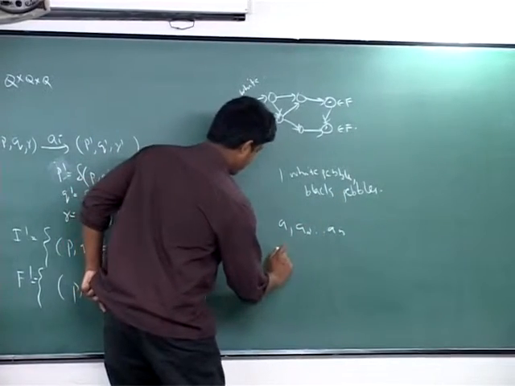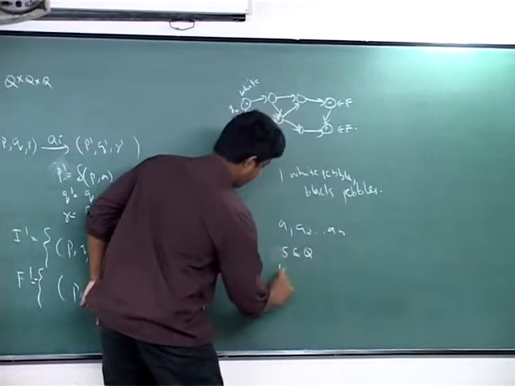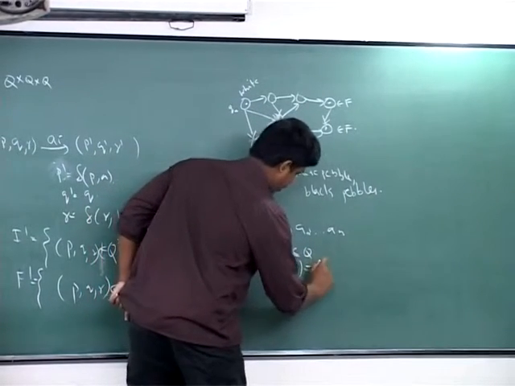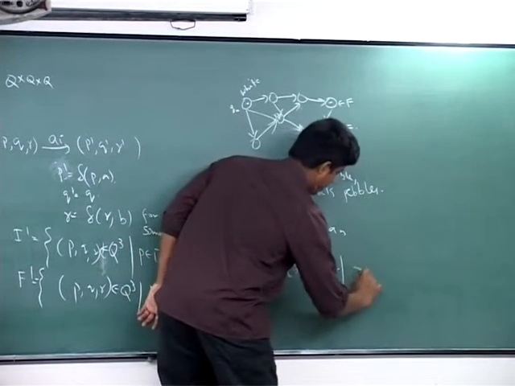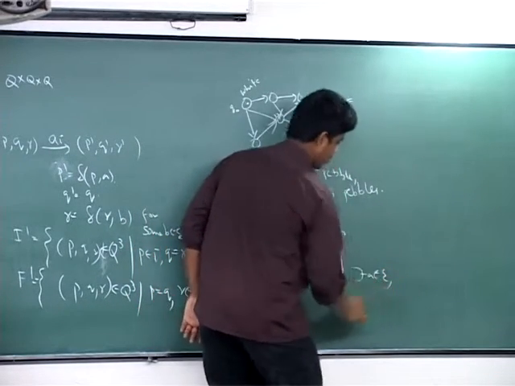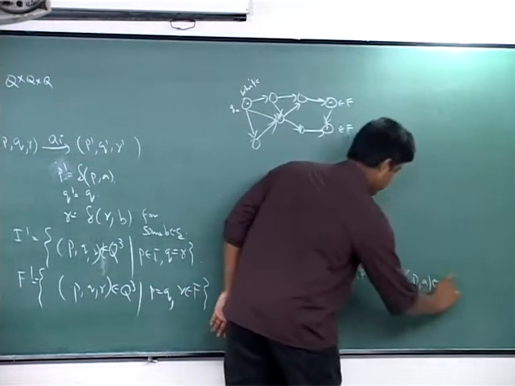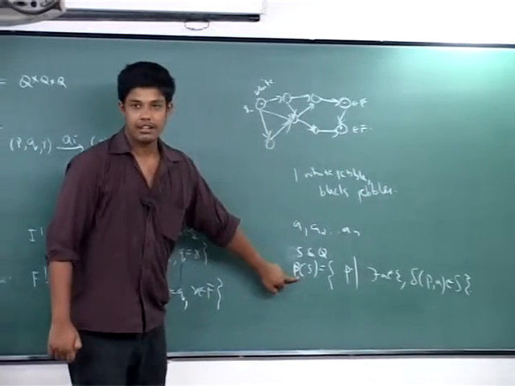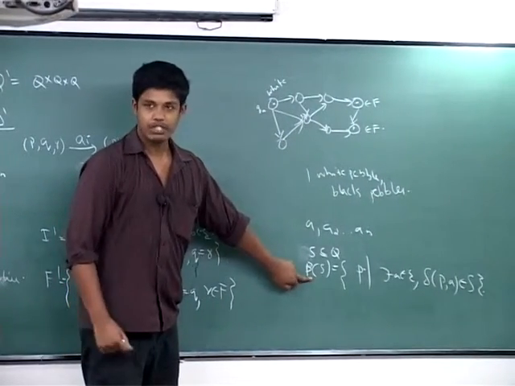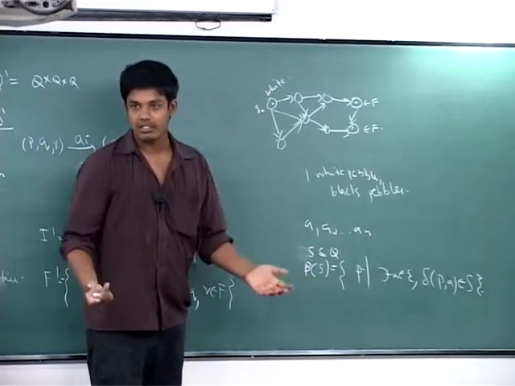Given a subset S of Q, I can define the backward set of S as all states P such that there is an A in sigma such that delta of P, A is in S. This is the set from which I can reach the set S on some transition.